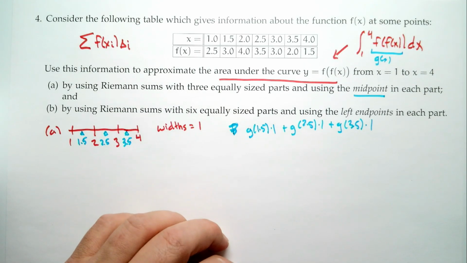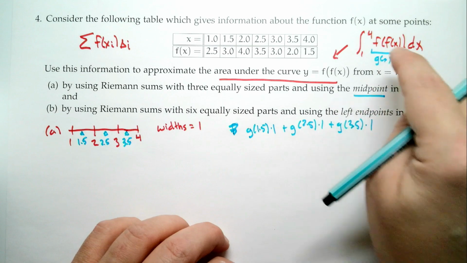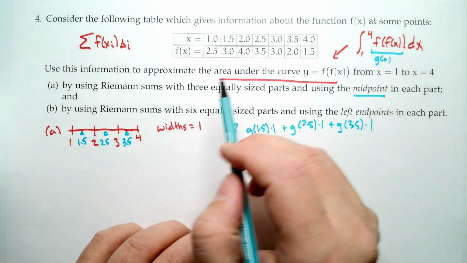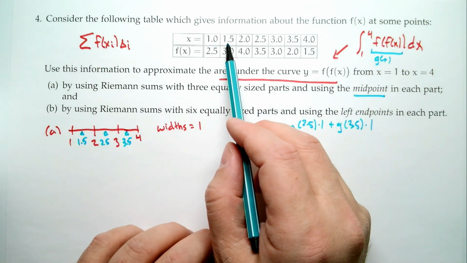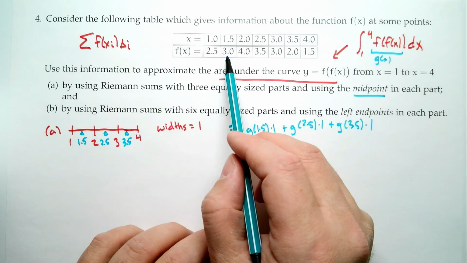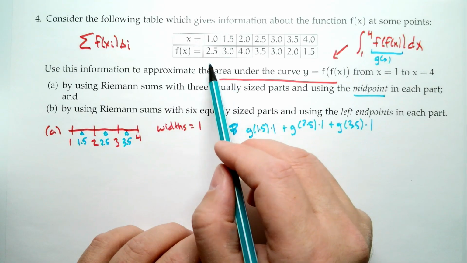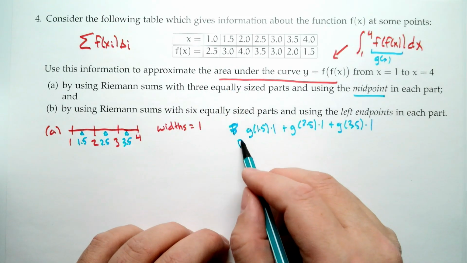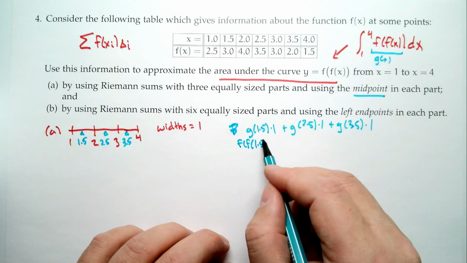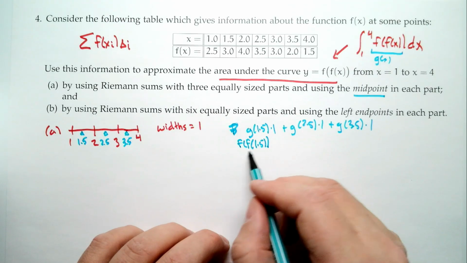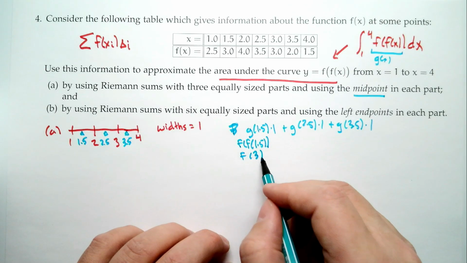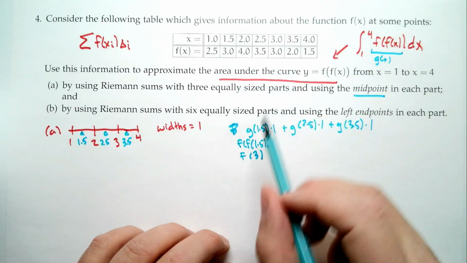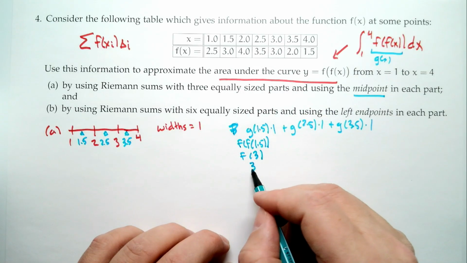Now we actually have to do this. So g of 1.5, that's f of 1.5. So we plug 1.5 in, that becomes 3. Then we plug 3 in, because this is really f of f of 1.5. So when we plug 1.5 in, we get 3, and f of 3 is 3.